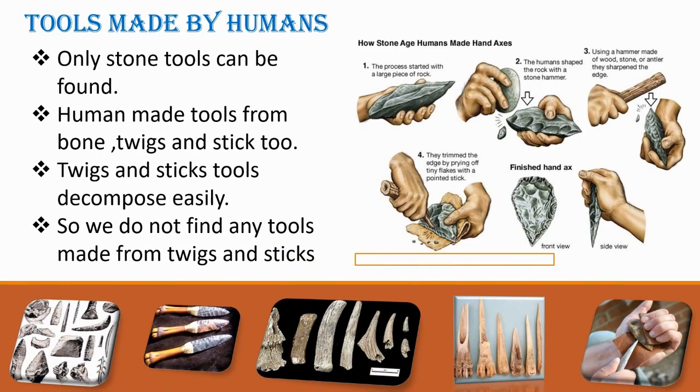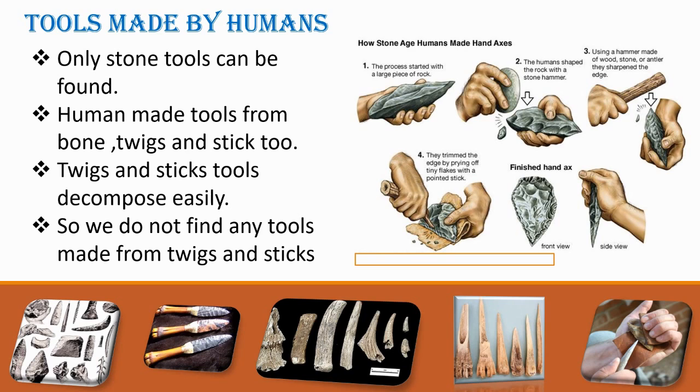Tools made by humans. Student, do you know that thousands of years ago tools were made only from stones, because tools made from bones were rarely found at that time.